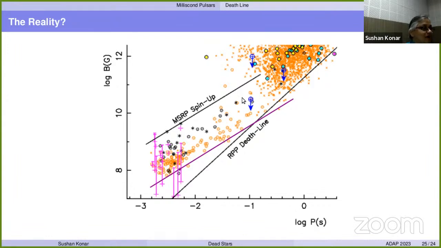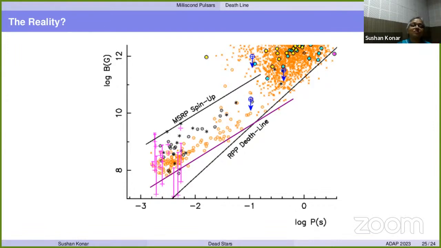So basically what I have done, I have taken a line which is parallel to this, which means everything remains the same. I am changing the rate of accretion here. And I move it and try to see if I can have a line which can function as a death line to the millisecond pulsars. And you see that that can happen.